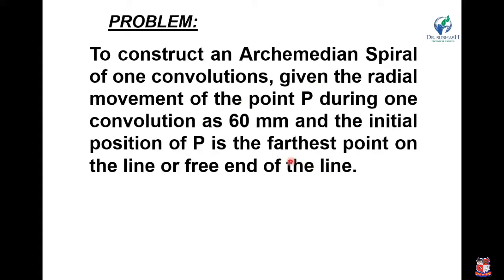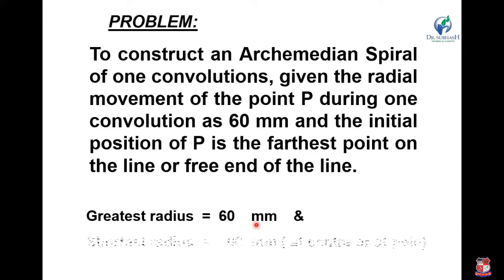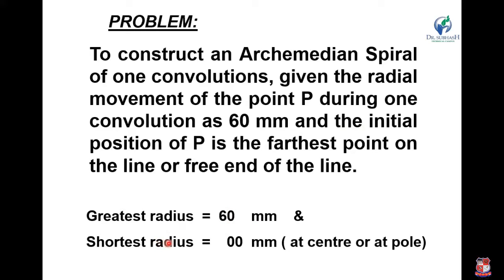So we have to construct the Archimedean spiral for one convolution, that means one revolution, or 360-degree revolution, and the distance is 60 mm. So the greatest radius of this spiral is 60 mm, and the shortest radius, meaning the minimum radius, is 0 mm, at the center or the pole.